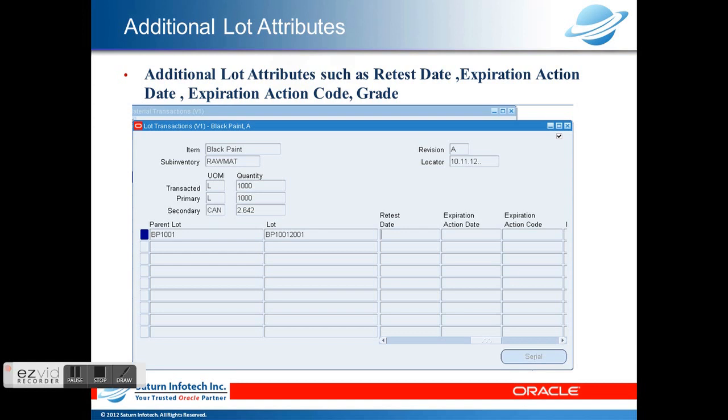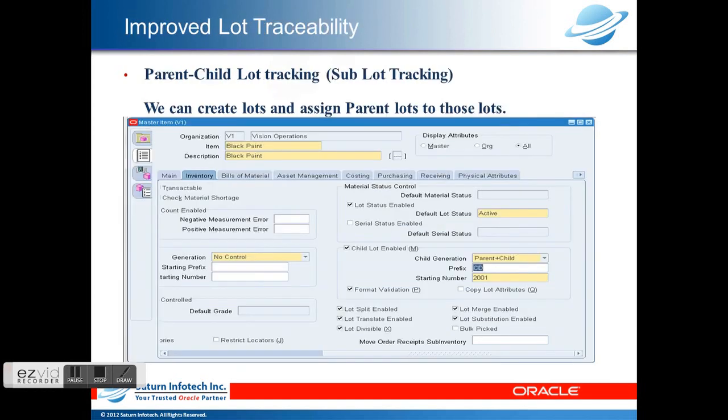If we define a certain retest interval at the item level, the retest date is calculated and defaulted by the system. Same with the expiration action date: if we have defined the expiration action interval, then the expiration action date will be calculated here. Also the action code gets defaulted from the item level setup. If it's not there, we can change it.